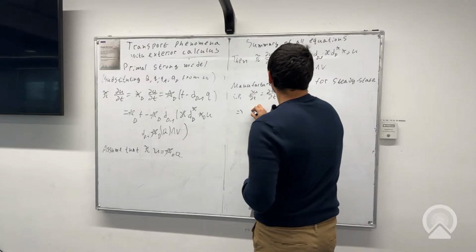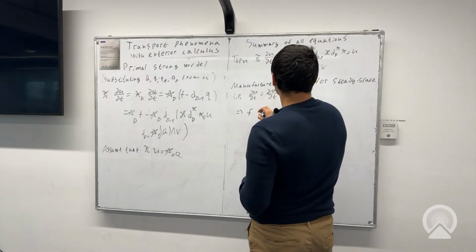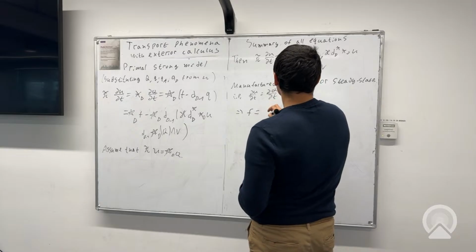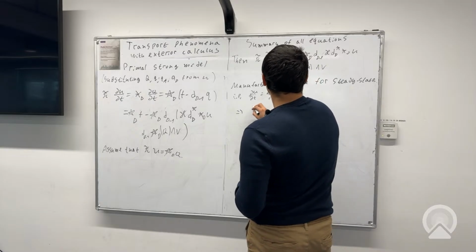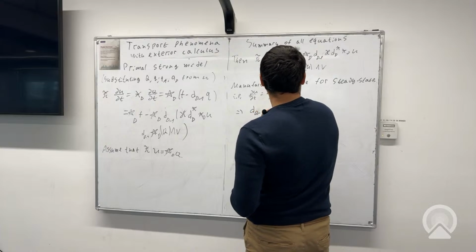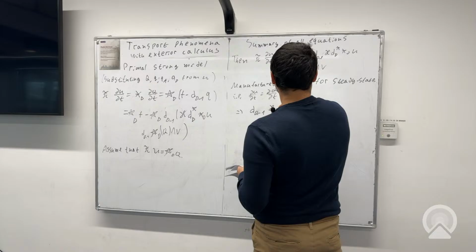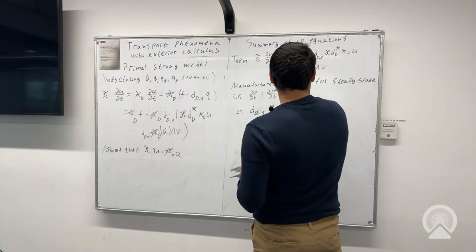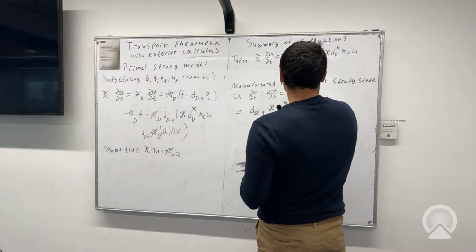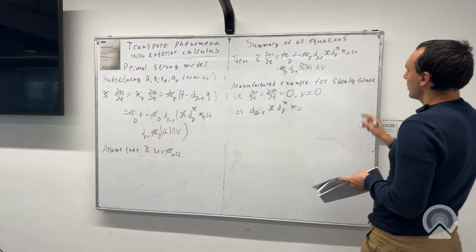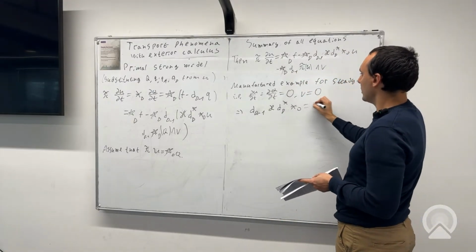We have f equal to d minus 1 kappa d star, and v is also 0, without advection. And this will be f.